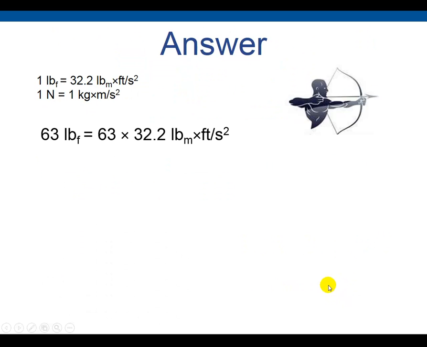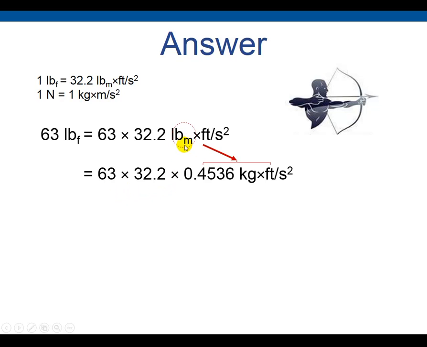So the answer is 63 pound force equals 63 times 32.2 pound mass times feet over second square. Here we can convert this pound mass into the kilogram. It's 0.4536 kilogram.